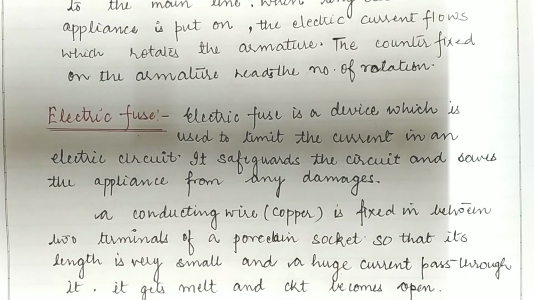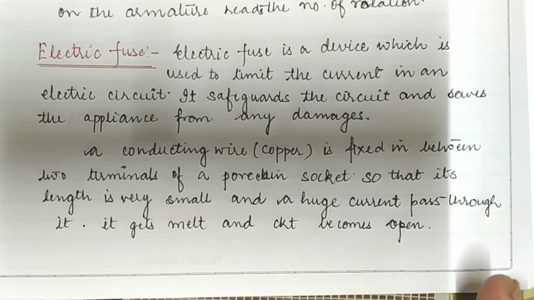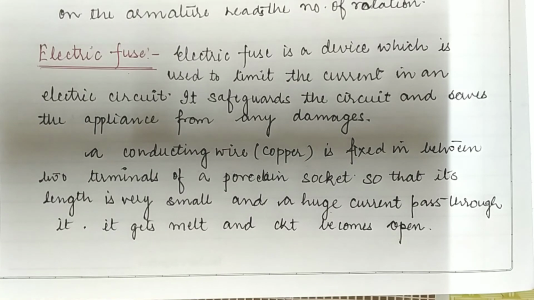So children, there are certain characteristics of a fuse given inside your book. The first one is a short wire with a low melting point. It means that when an excess amount of current flows through it, it will melt. The fuse wire is made up of an alloy of lead and tin, and it melts at a low temperature.